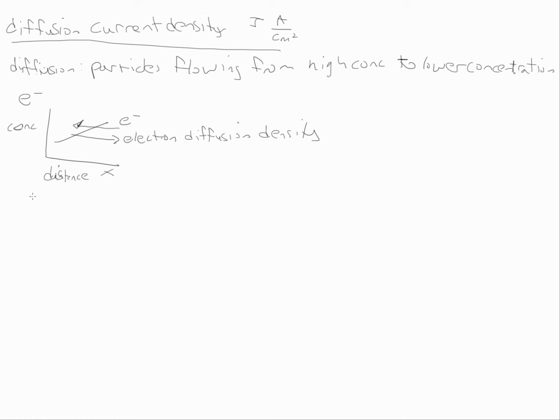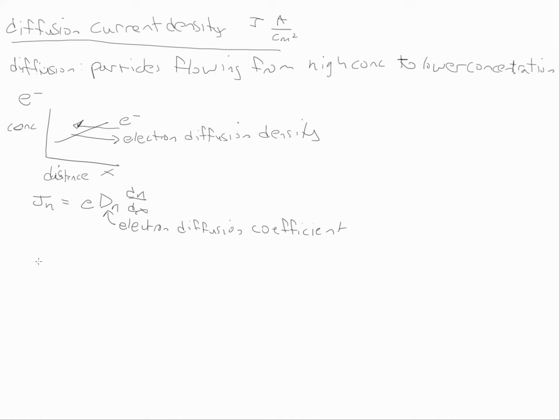And we calculate this electron diffusion current density as equal to the fundamental charge again times the electron diffusion coefficient times the concentration gradient of the electrons, dN dx.